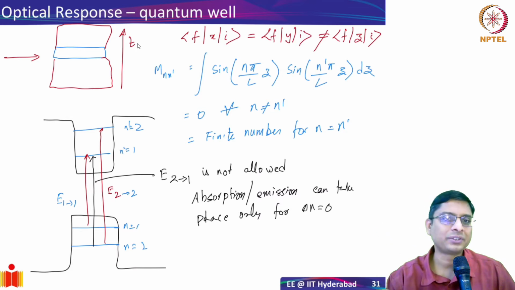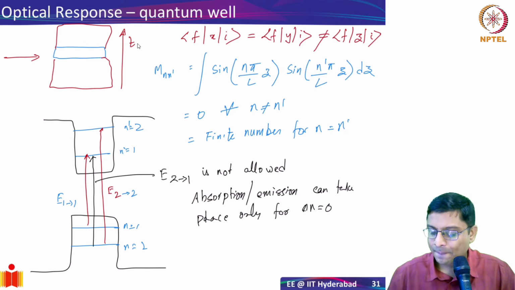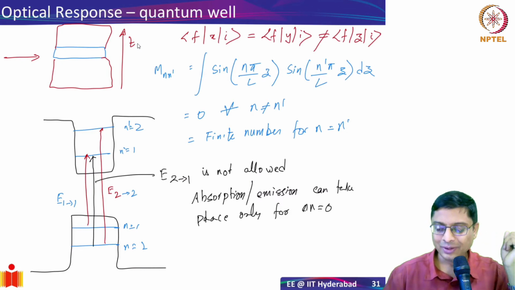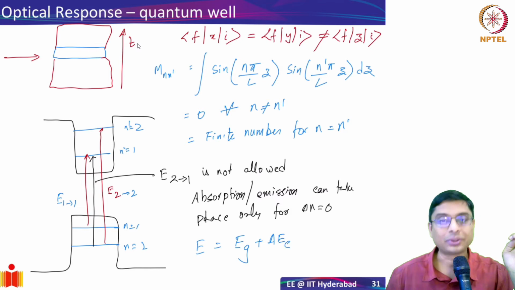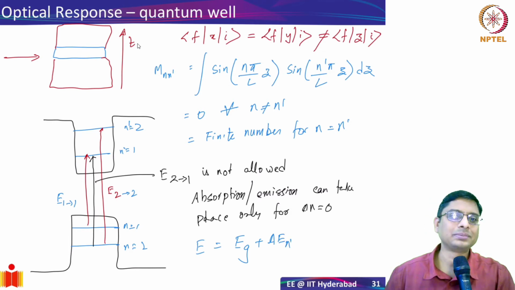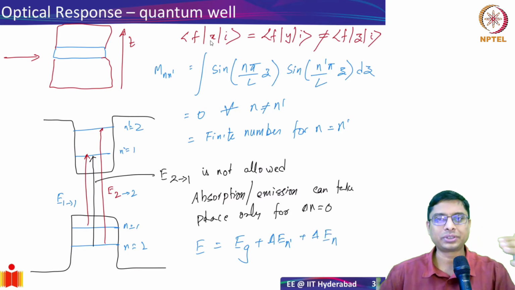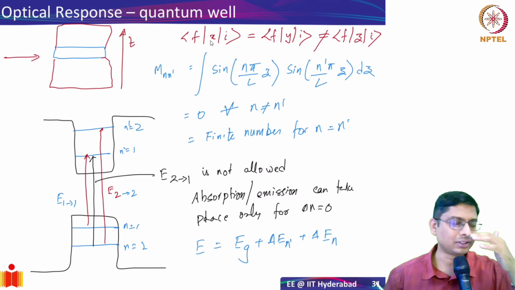I can compute, if I give you the confinements, you know what is E G. So now if I confine, my energy E is going to be E G plus delta E n prime associated with the electrons in the conduction band, plus delta E n, which is associated with the holes in the valence band.